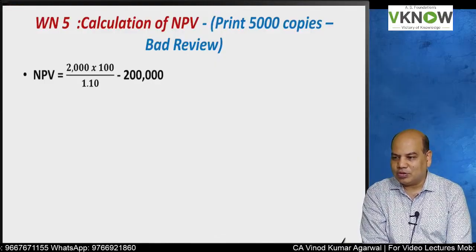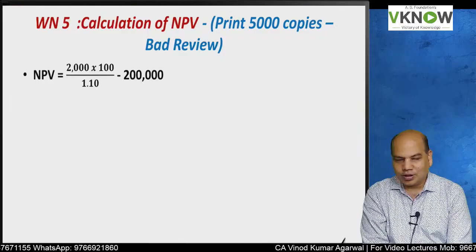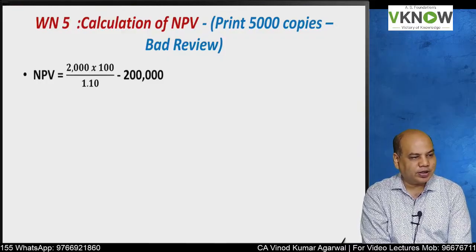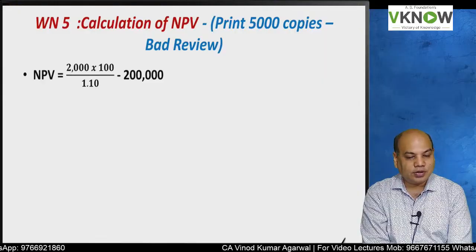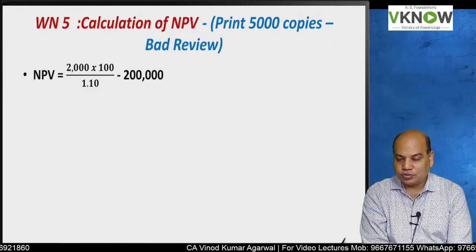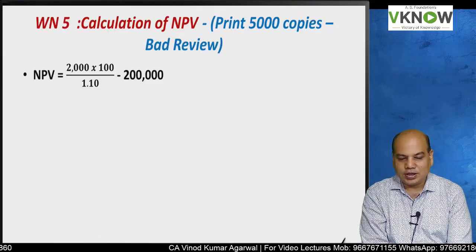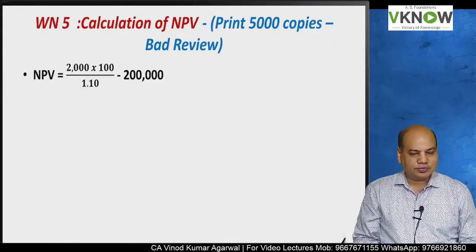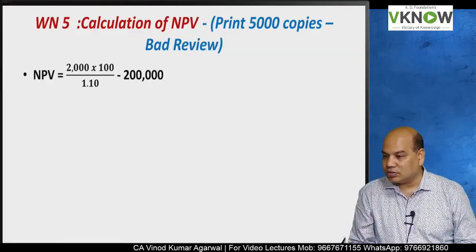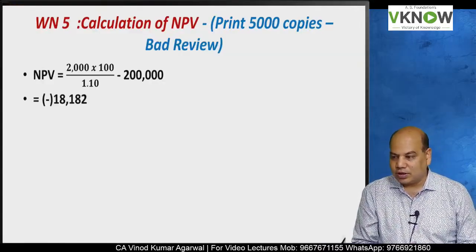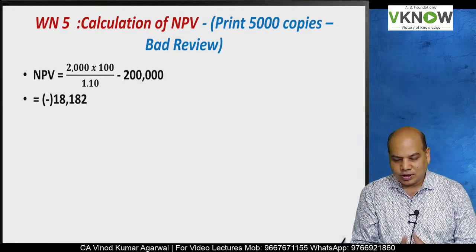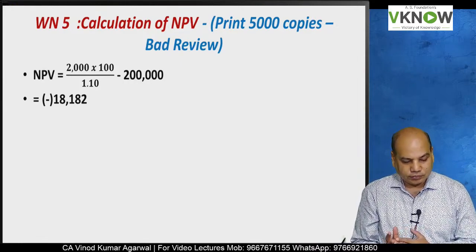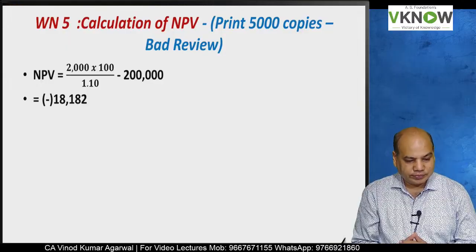So NPV will be equal to 2,000 into 100 divided by 1.10 minus 2 lakh. Question in front of you. If you keep question and the diagram in front of you, you will understand easily. Okay. So what is the answer now? It is negative 18,182. The answer is not over.